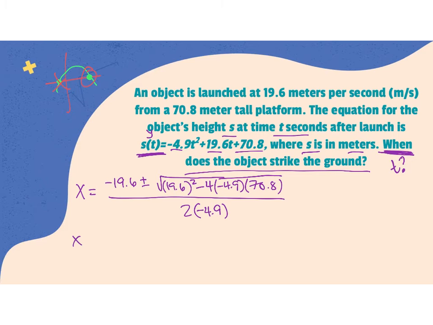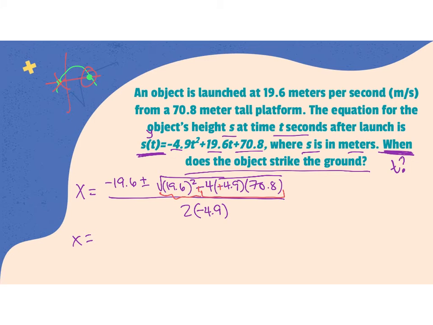Okay. Now let's go through the steps and solve that in our calculator. We got to start by working under the radical. So I'm going to square that, 19.6 squared. And then I'm going to also multiply all of this stuff together. Notice that I have a negative times a negative, which is going to give me a positive.